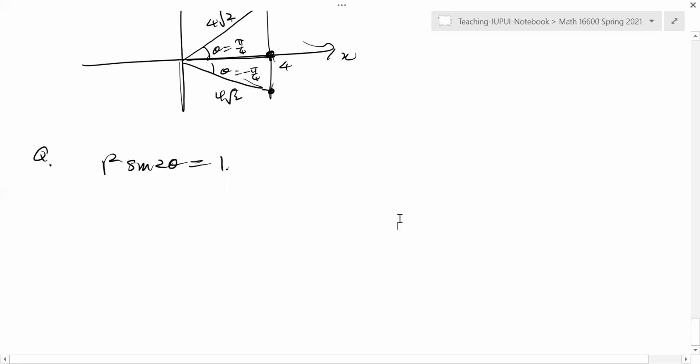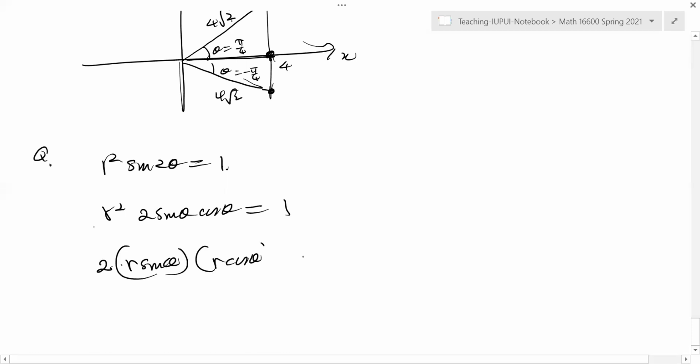Okay, and I'm going to convert this equation to a Cartesian equation in x, y. So whenever you see sine 2 theta, you see that it's 2 sine theta cosine theta equals 1. So you will see that 2 r sine theta times r cosine theta equals 1.